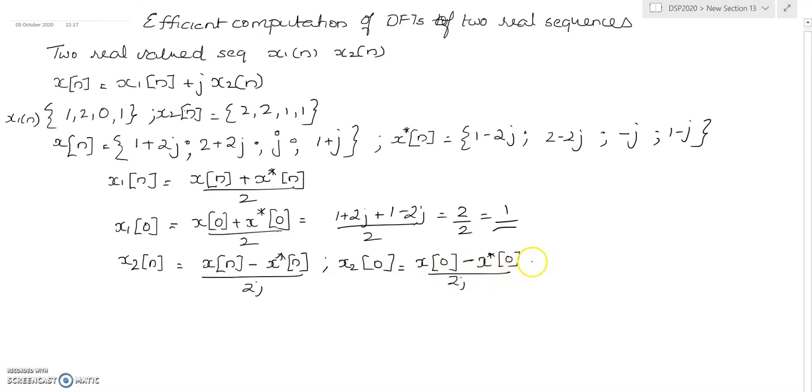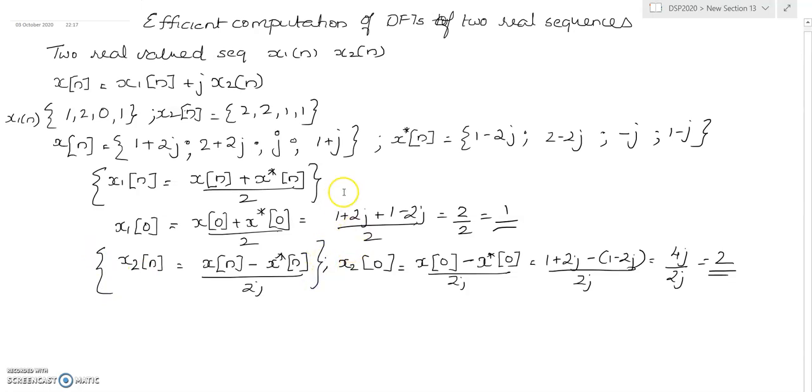So x of 0 is 1 plus 2j, x conjugate of 0 is 1 minus 2j, so this will be 4j by 2j, equal to 2. I hope the definition of this sequence explained here makes sense. So x1 of n can be written as x of n plus x star of n by 2, and similarly x2 of n can be written as x of n minus x star of n by 2j.